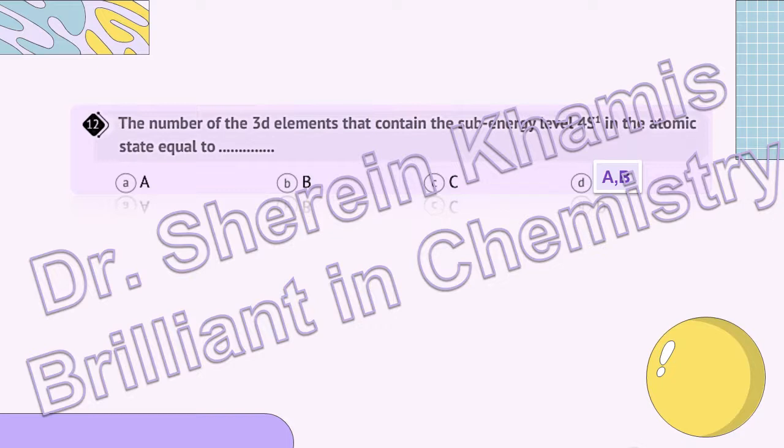We have two elements located in the B groups of the transition elements.